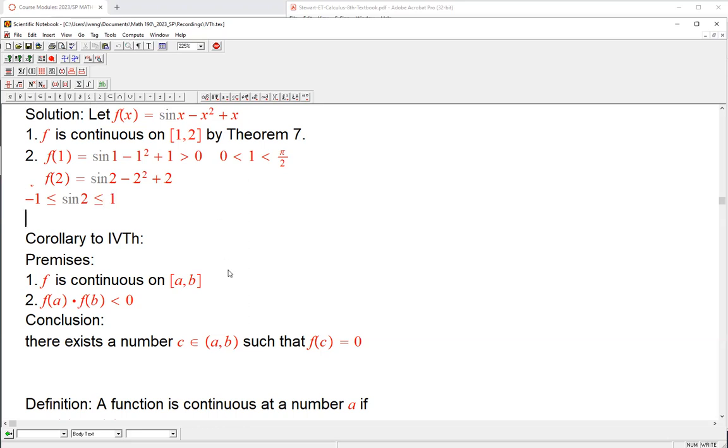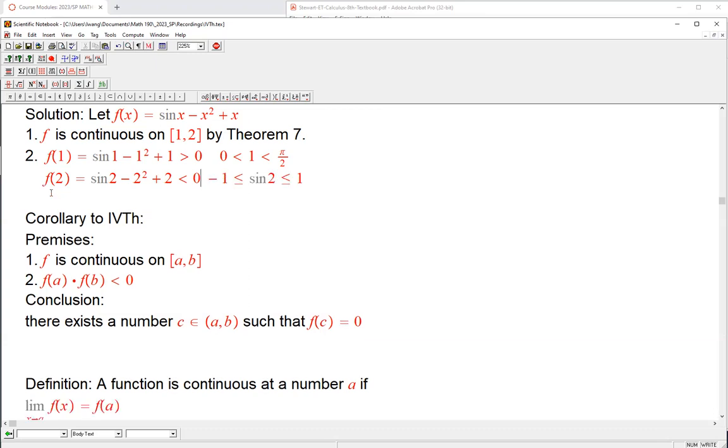Sine of 2 is between negative 1 and positive 1. The max is 1, but suppose this is the max, so 1 plus 2 is 3. It's still less than 4, so this is going to be negative. Even if you don't have a calculator, you can still estimate, and that's all we need.